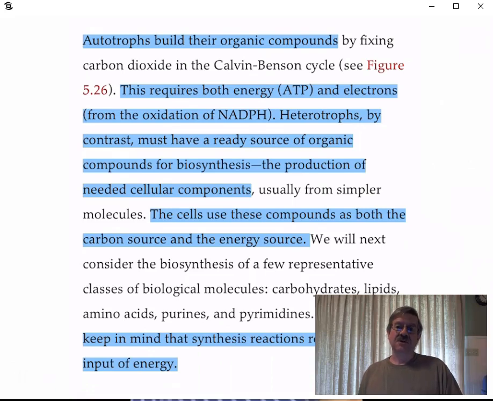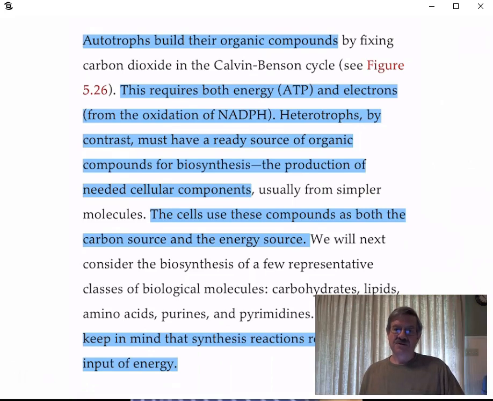In our case, we have to have some kind of organic molecule, such as glucose, that is energy rich, and then we're going to use the energy from that to make ATP and then to do cellular work.